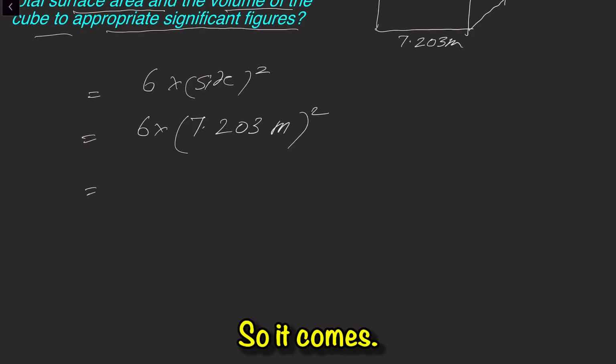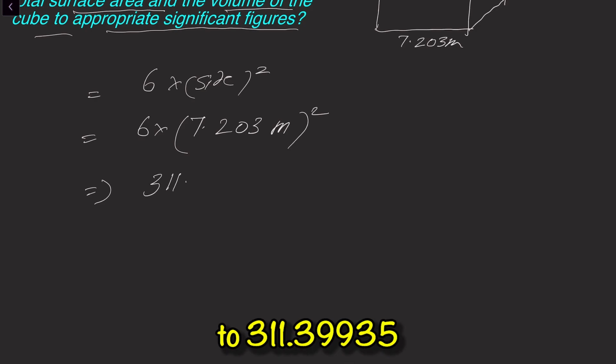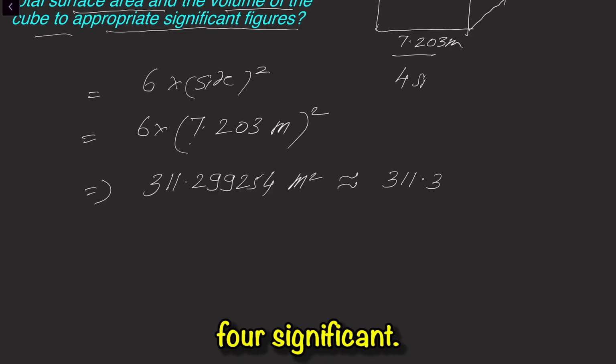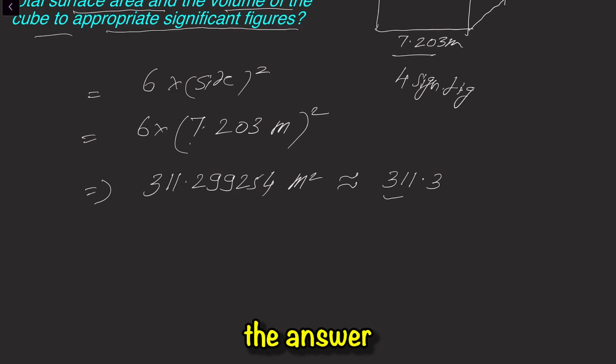It comes to 311.299254 meter square. The appropriate significant figures will be 311.3. Why? Because the side has 4 significant figures, that is why the answer should also have 4 significant figures.